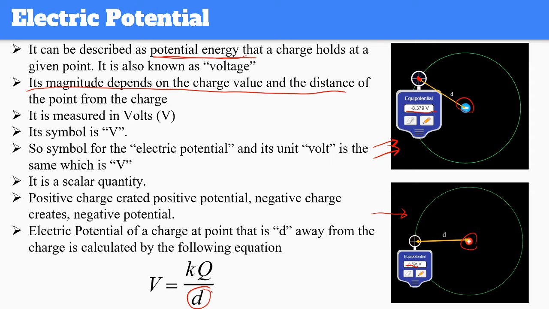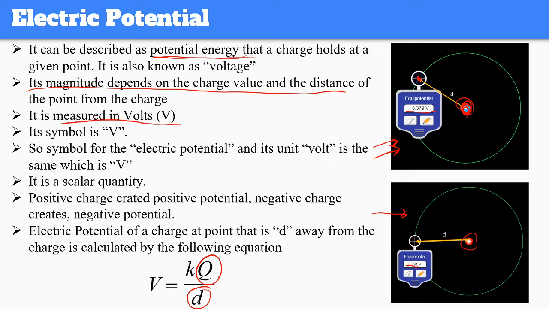As you get farther and farther away from the charge, you are going to have less and less potential. And of course, the amount of charge that you have will also determine your potential. As you have greater charge, then you're going to have a greater potential.